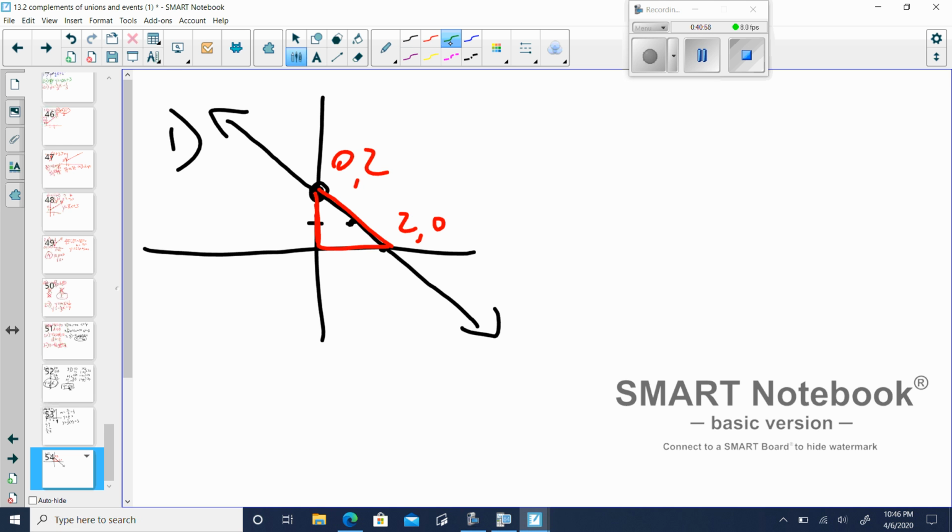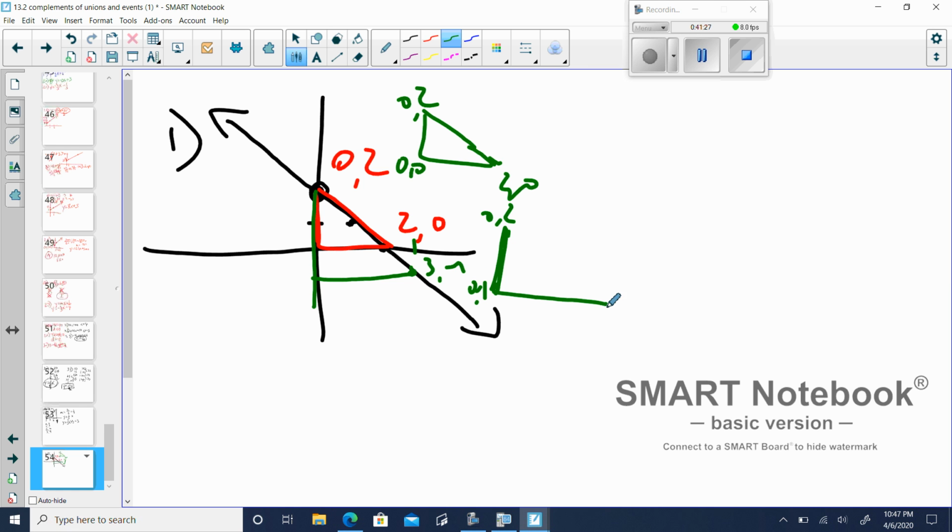If we went out here, down 1 over 1, we'd have 3, negative 1, so we could have a triangle that way. So we'd have 0, 0, 0, 2, 2, 0, and 0, 2, 0, negative 1, 3, negative 1. Right there.